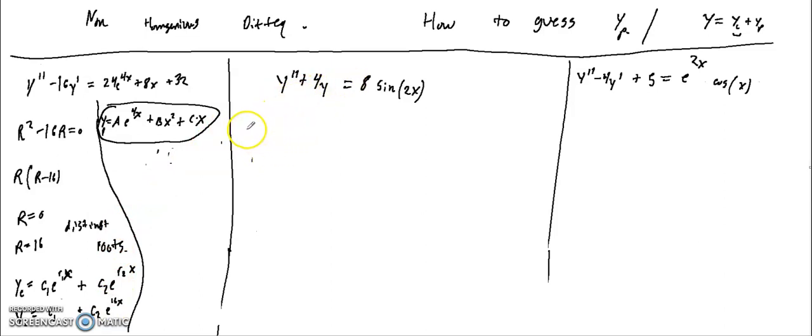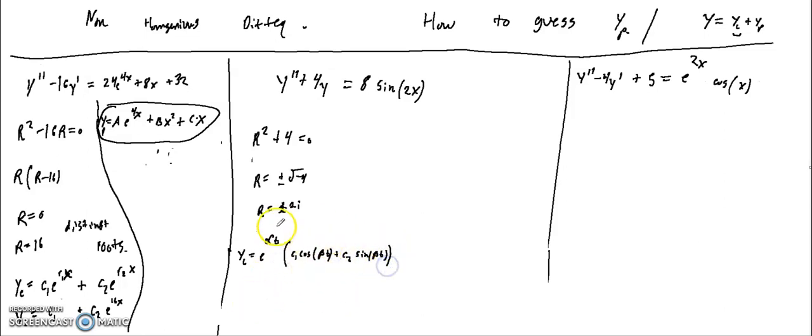So this, we just pretend it equals 0, so r squared plus 4 equals 0, and we get r equals plus or minus the square root of negative 4. So r equals plus or minus 2i. So we have complex roots. No problem, we've done that before. So we have y_c equals e to the alpha t times c1 cosine of beta t plus c2 sine of beta t.